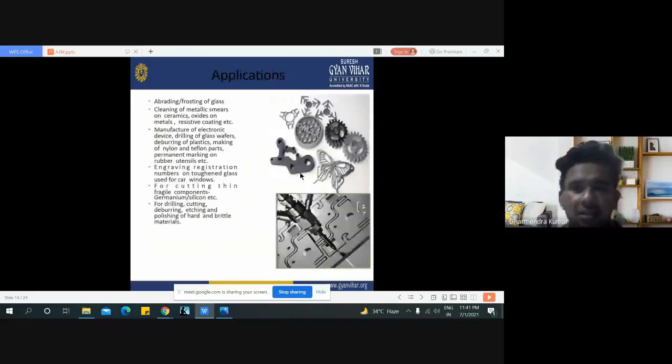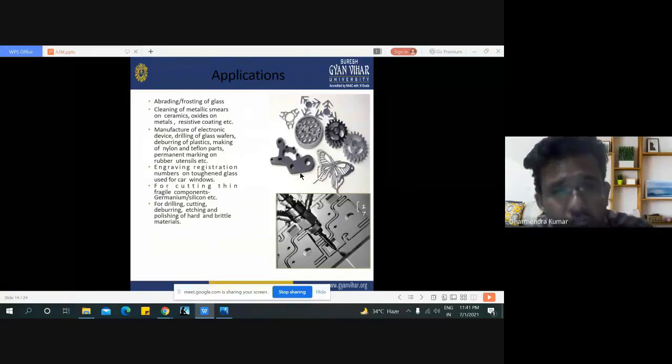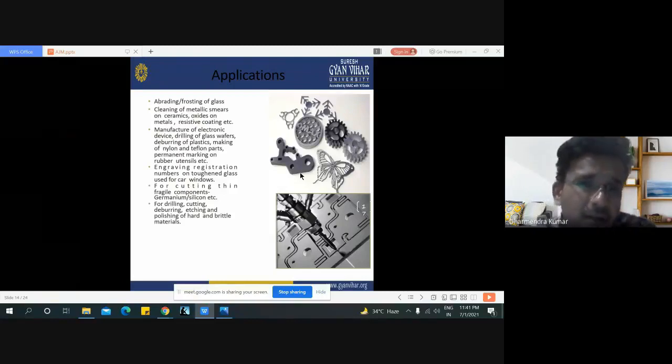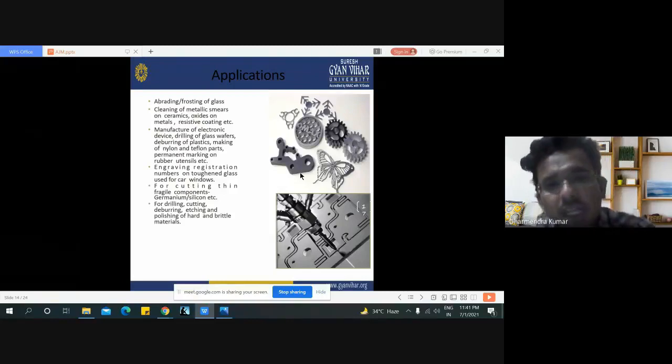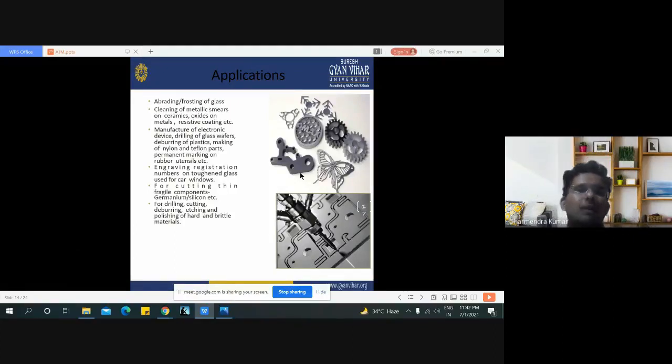Here are some applications of abrasive jet machining, like frosting of glass, cleaning of metallic smears on ceramic, oxides on metal or resistive coating, manufacturing of electronic devices, manufacturing of small electronic devices, small components, drilling of glass wafers, deburring of plastic, making of nylon and Teflon parts, permanent marking on rubber utensils, etc. Another application of abrasive jet machining is engraving registration number on toughened glass used for car windows.